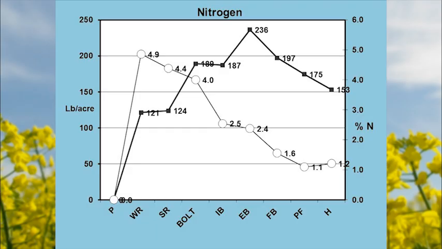And this is some work we did in a couple years in a row. This is about a 3,000 pound canola crop. And we're taking up about 230 pounds of nitrogen at the peak there at early bloom. Why does that go down after that? It's just an artifact of measurement, right? We're starting to lose blossoms, we start to senesce leaves.